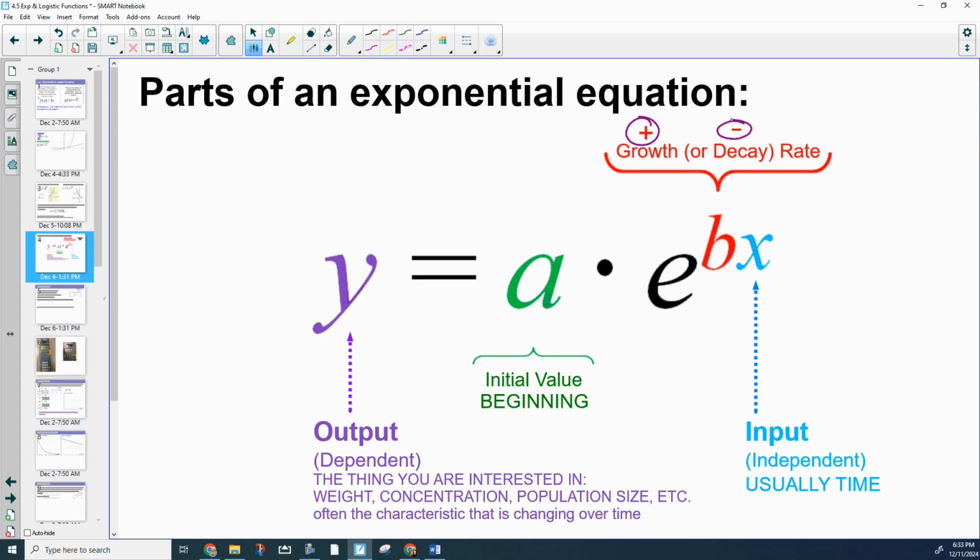Y is what we're trying to find out. A is our initial value, what we started at. E is that button on the calculator. B is the rate. And then X is whatever we're putting in, some kind of a time, years, months, days, something like that.